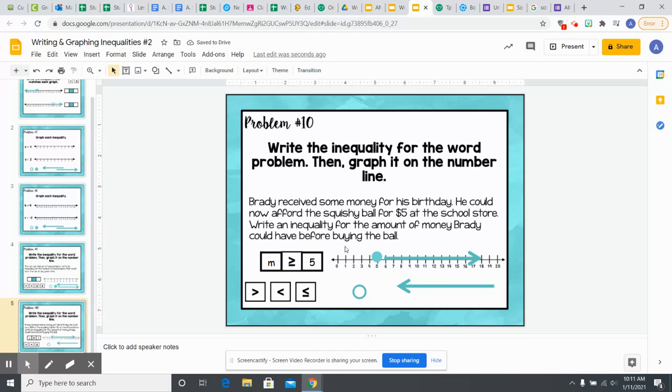So it's going to the right because it's greater than or equal to, and it's a closed circle because it's or equal to 5. Because we know he got $5 for his birthday for sure, because he could afford the squishy ball, but he probably could have gotten more than $5 also. So that's why it's greater than or equal to.